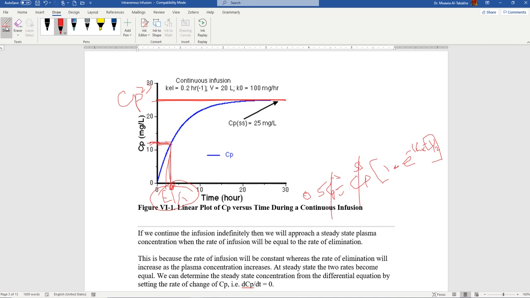So we have 0.5 equals 1 minus e to the power of minus KEL times T half. If I take the minus e to the power of minus KEL times T half and put it on the other side, it becomes positive, and I take my 0.5 and put it on the other side, it becomes negative. So e to the power of minus KEL times T half is equal to 1 minus 0.5, which means 0.5.